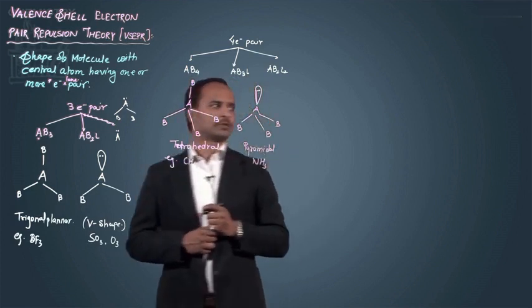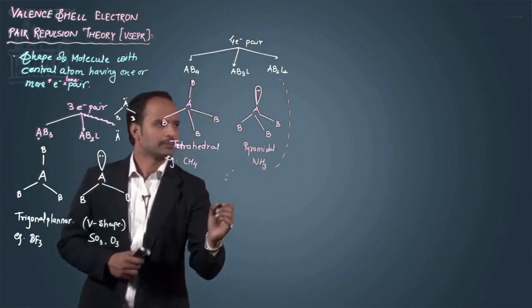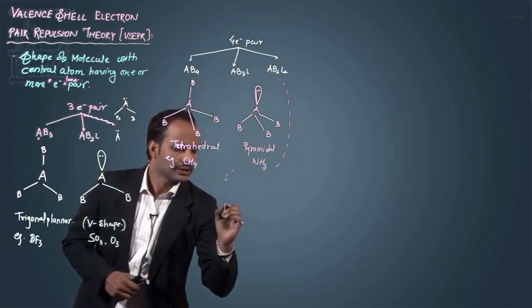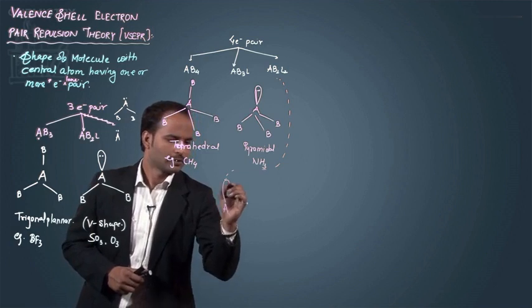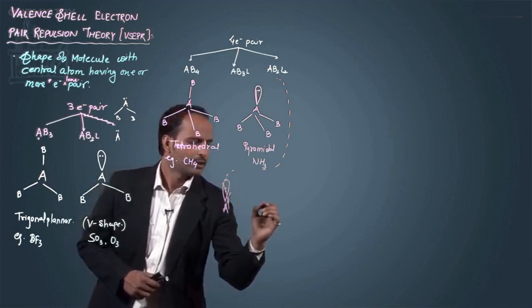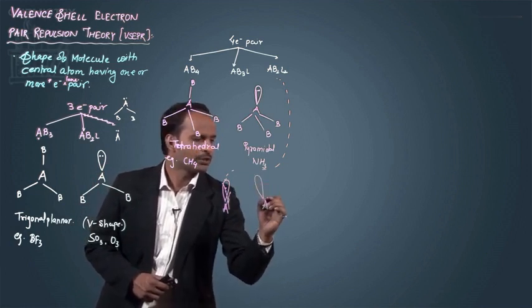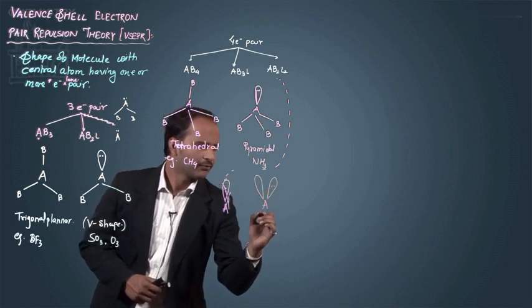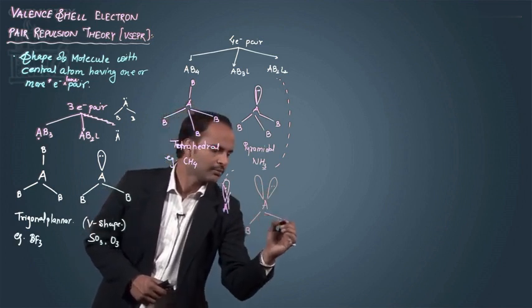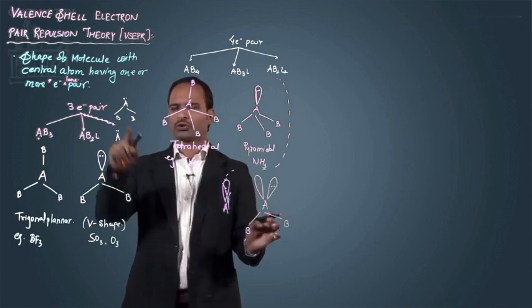AB2L2 type. Now in the case of AB2L2 type, let me draw the diagram here. A will be the center, one lone pair is here, there is another lone pair here, and we have a B atom here and the second B, that is this one. So again there are two lone pairs and there are only two bonds, so it appears like this.